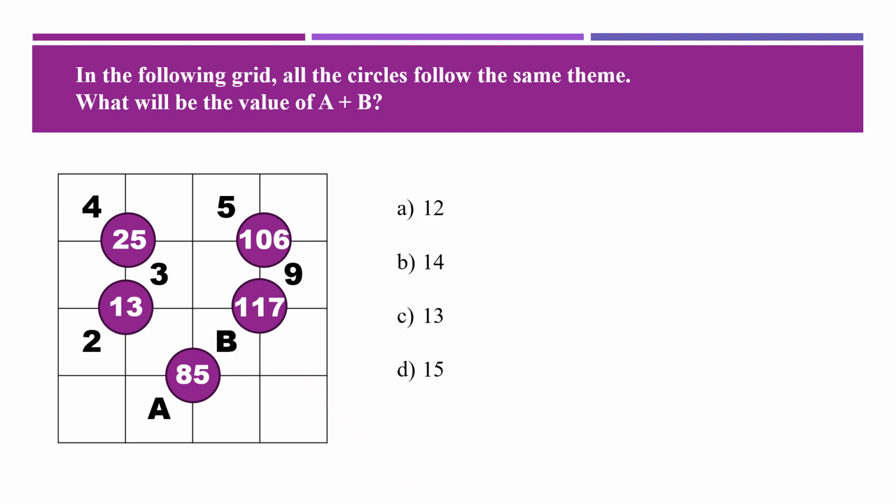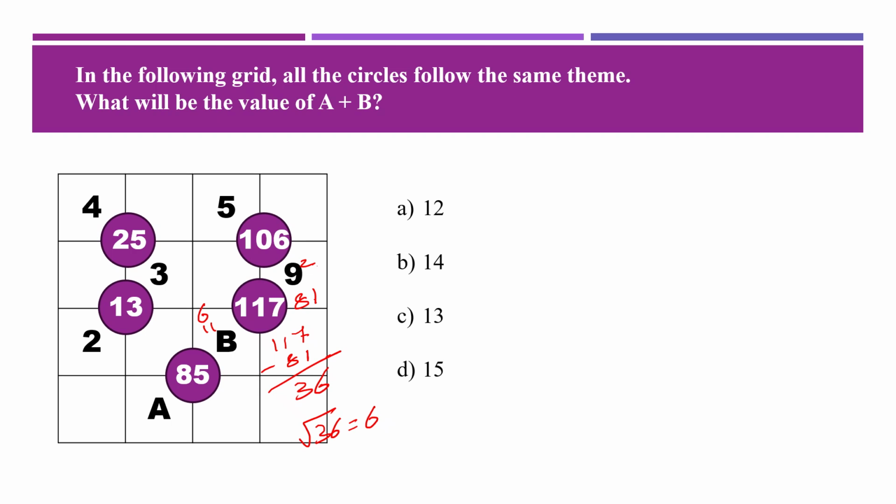In that case, 9 square is 81, so 117 minus 81 is 36, and the square root of 36 is 6, which should be the value of b.